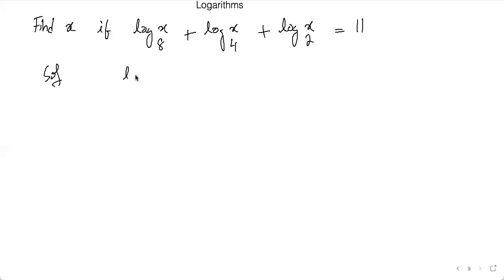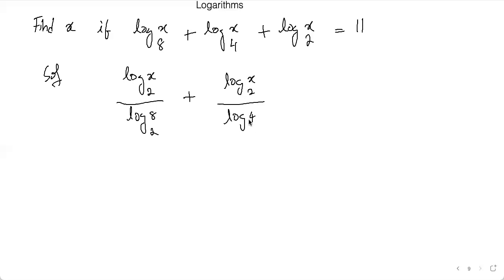So log x to the base 2 over log 8 to the base 2, and plus log x to the base 2 over log 4 to the base 2, right? And plus log x, which we can take as common, to the base 2, which is equal to 11.